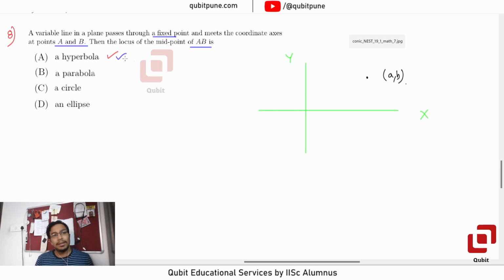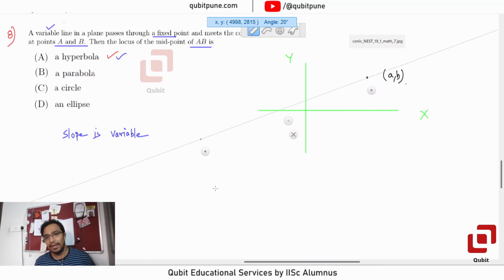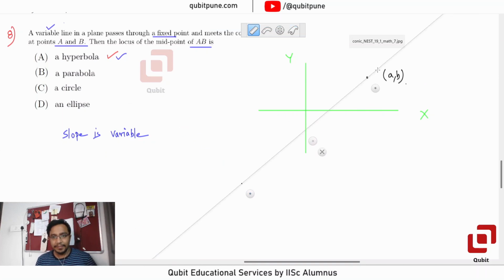Now, when they say that the line is variable, you have to understand that the slope of the line is variable, because if the line is passing through this point all the time, then the only possible thing about that line which can vary is the slope, right? So I can draw infinitely many lines like we do for rays of light from a point source, right?